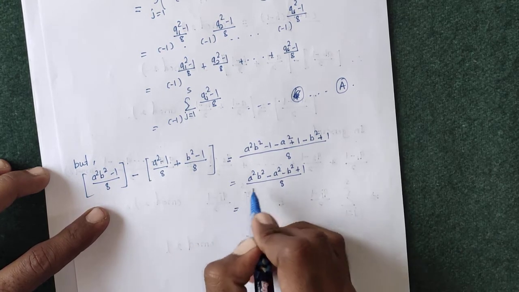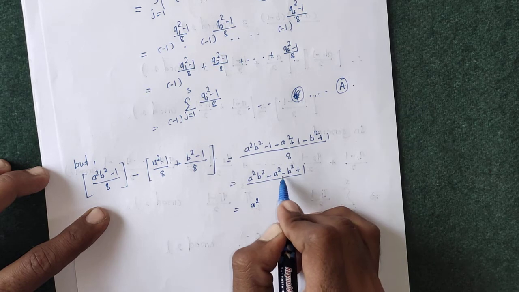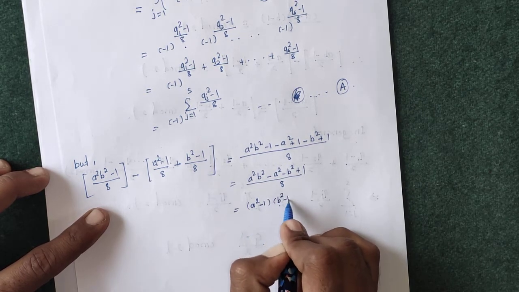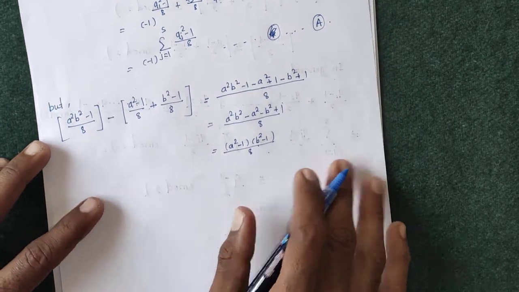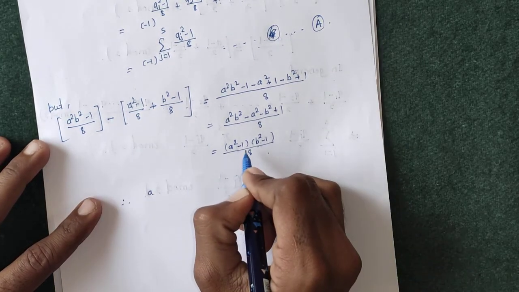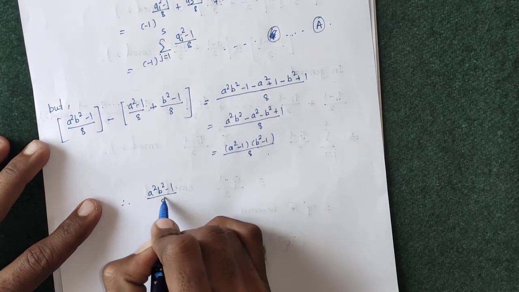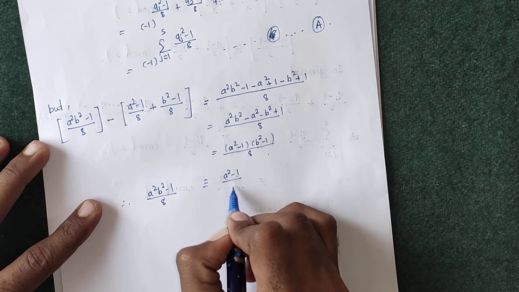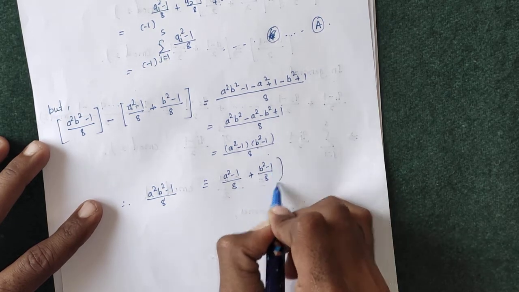If we take a square common, and then minus 1 common, this is a square minus 1 into b square minus 1 divided by 8. Similarly, from the previous theorem we can say this number a square b square minus 1 by 8 is congruent to a square minus 1 by 8 plus b square minus 1 by 8 under modulo 8.